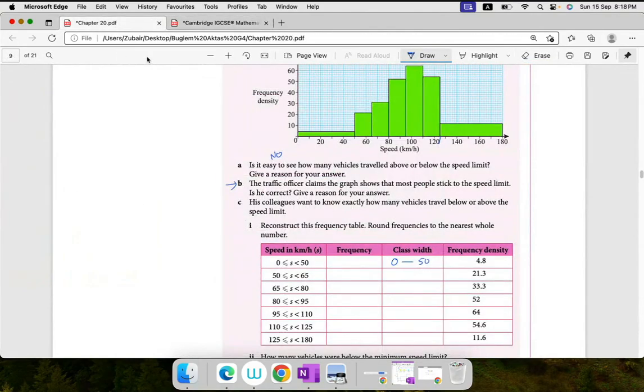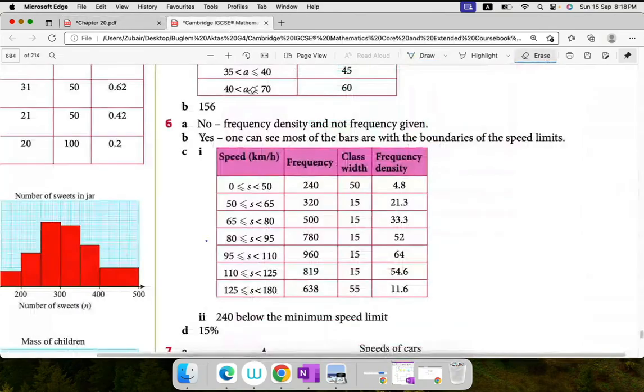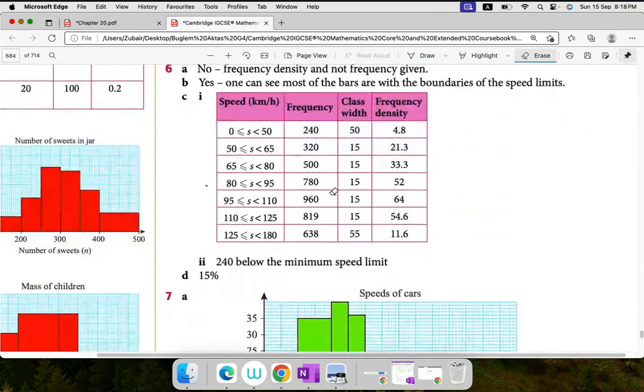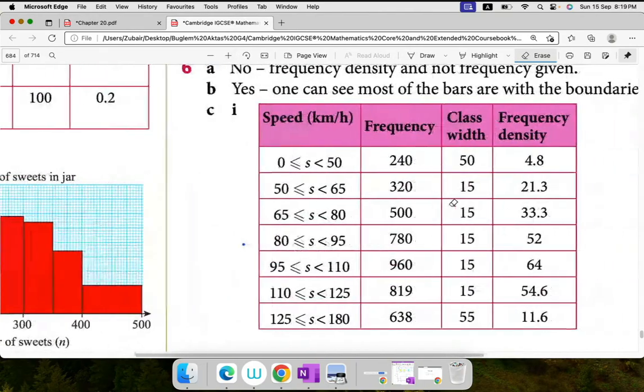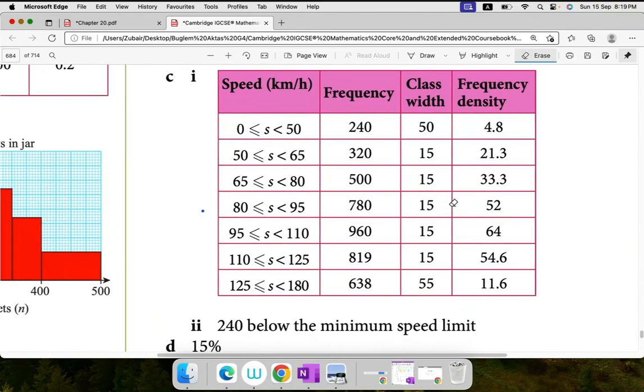Okay, that was class width. I wrote the class itself. So are you getting these values? I'm going to check frequency first.